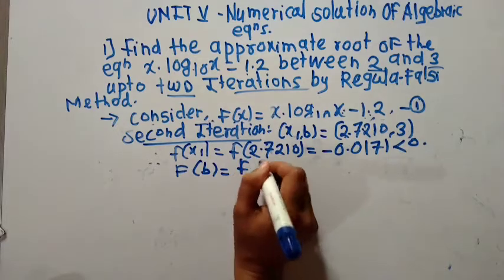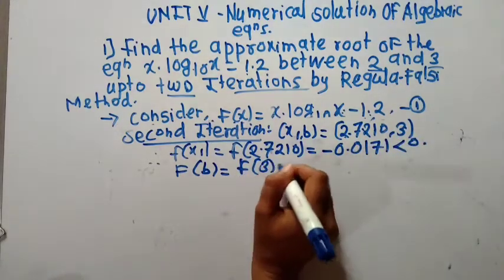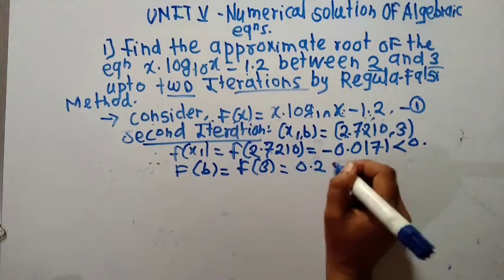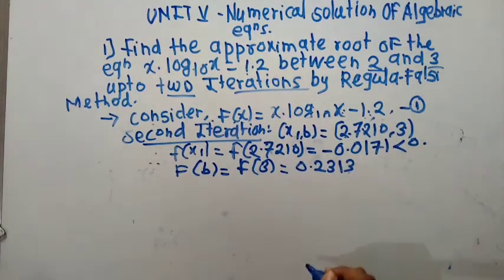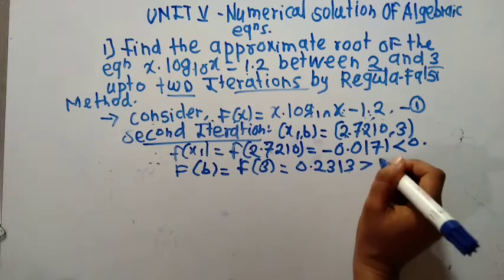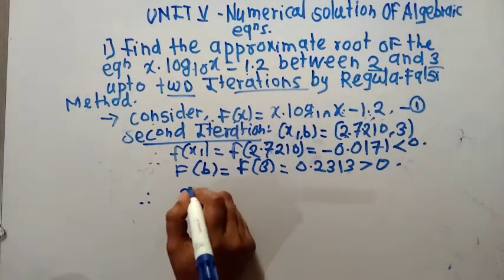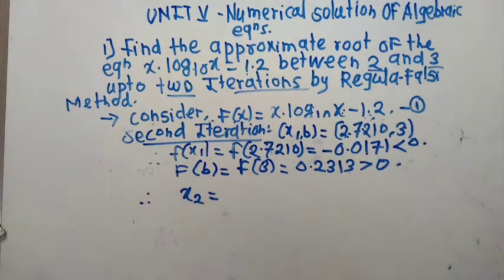And f of b is equal to f of 3, whose value is 0.2313. It is greater than 0. So find out first x2.